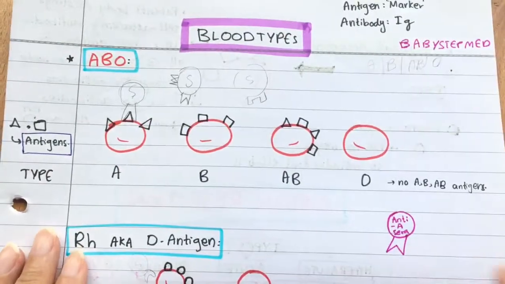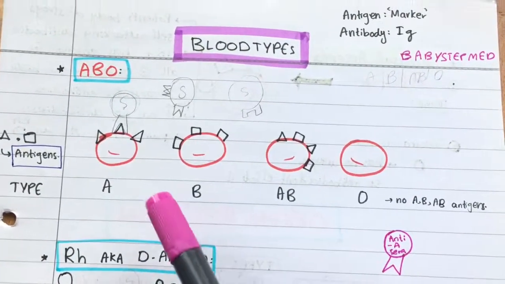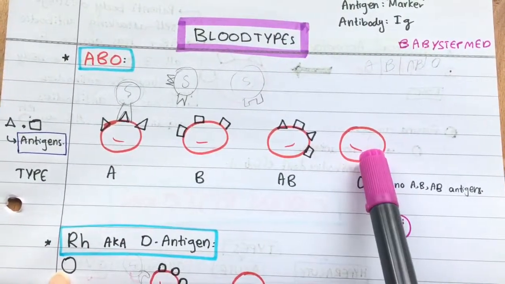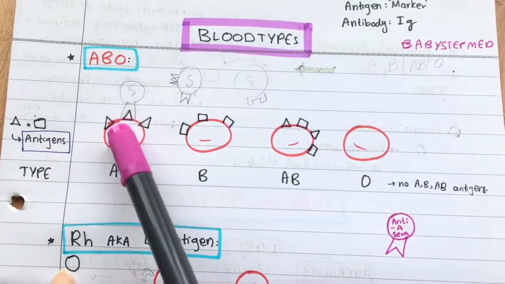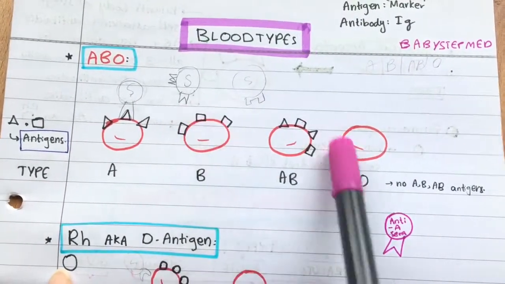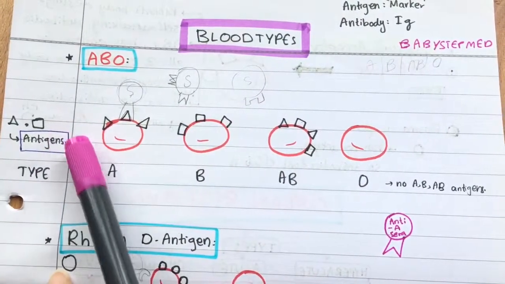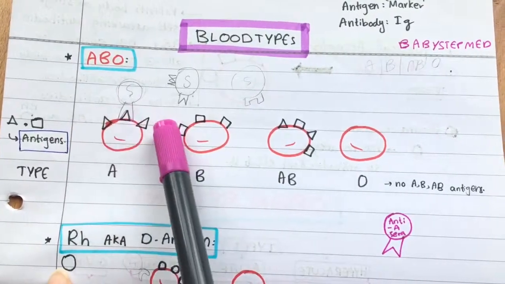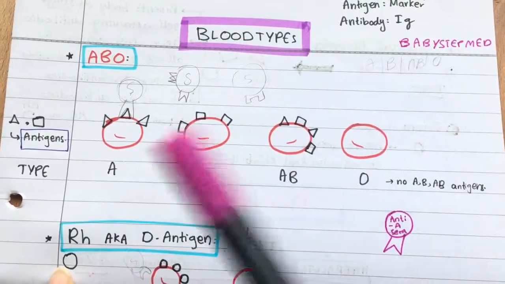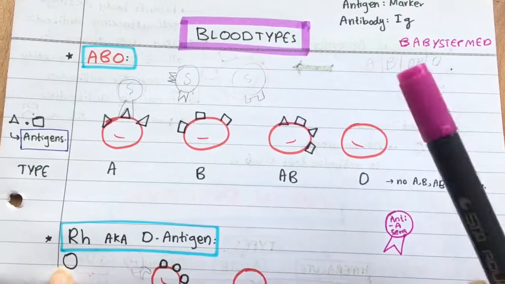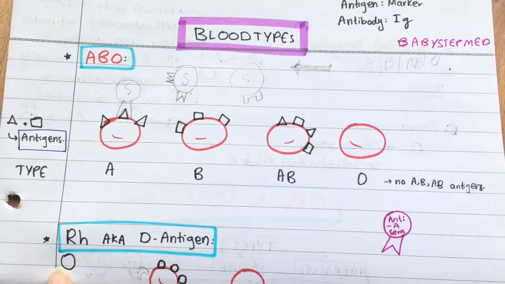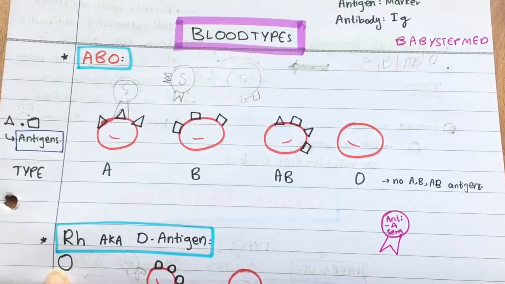Now in this picture, this is your RBC, and these triangles and these squares are your antigens. This is obviously not accurate; it's a functional diagram just to make things easier for you.